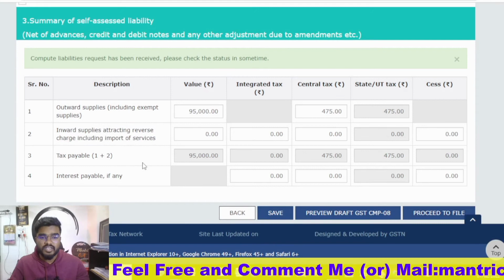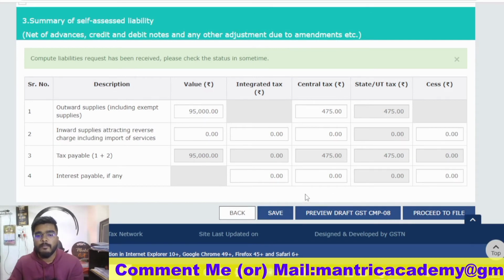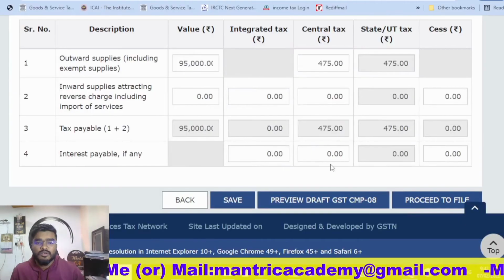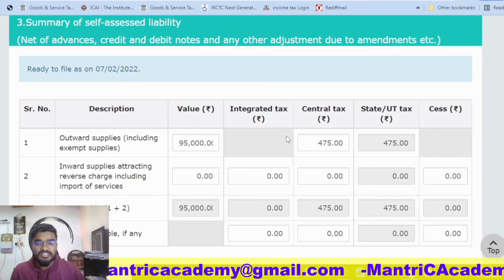After saving, proceed to file the return. You need to pay tax through net banking or through challan. After saving the data, the ready to file return will be generated.